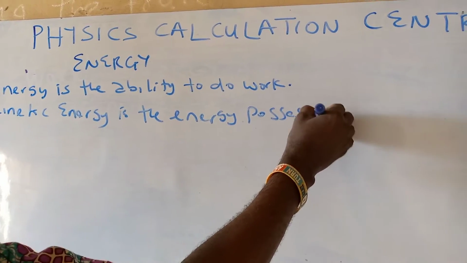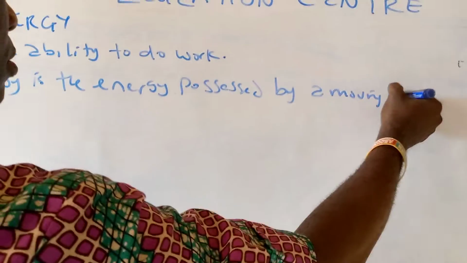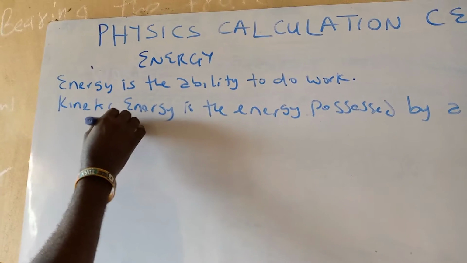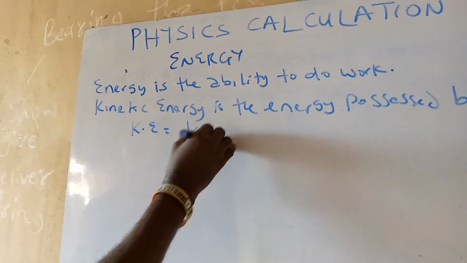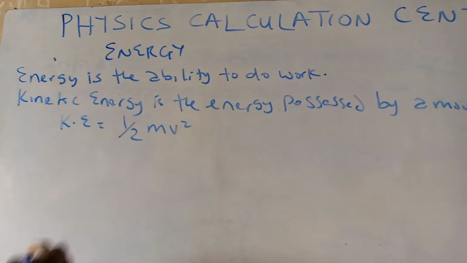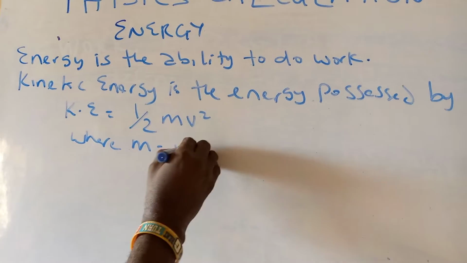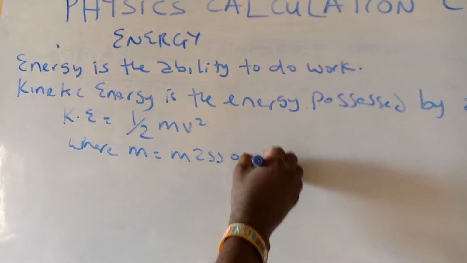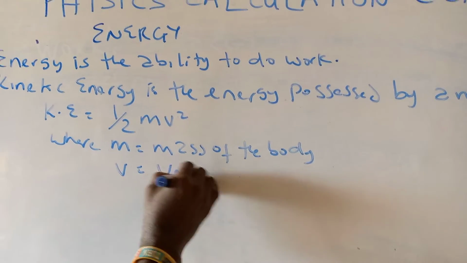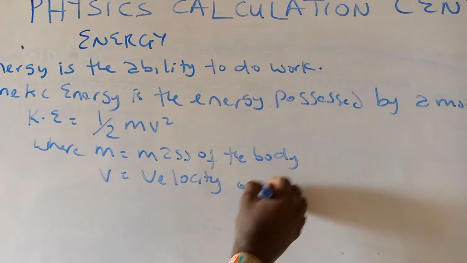The formula is half mv squared, where m is the mass of the body and v is the velocity of the body.